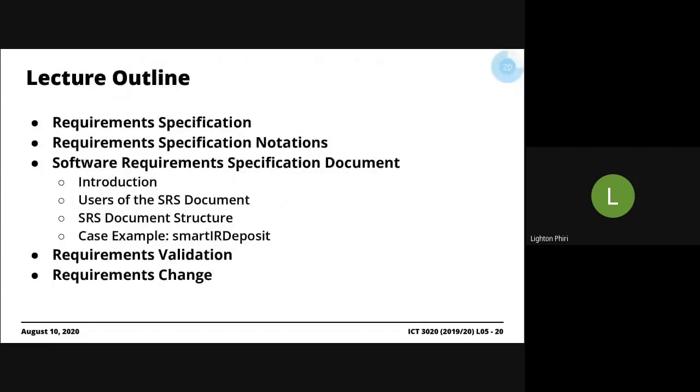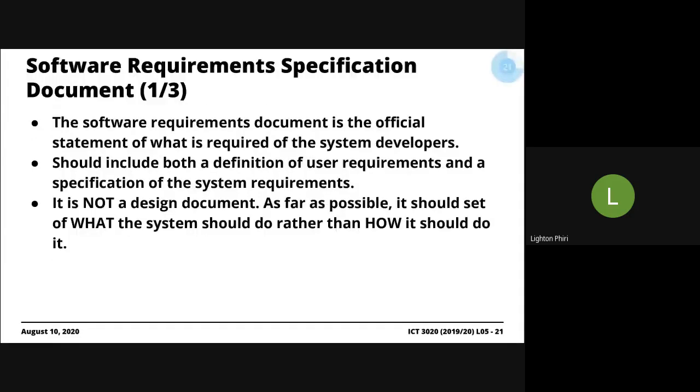Okay, so we're just going to walk through the software requirement specification document just to try and understand what this is all about. It is the official document and actually one of the formal outputs from the software specification process, right? It directly feeds into the system design. If you remember the waterfall model: requirements engineering, design, implementation, testing, evolution, right?